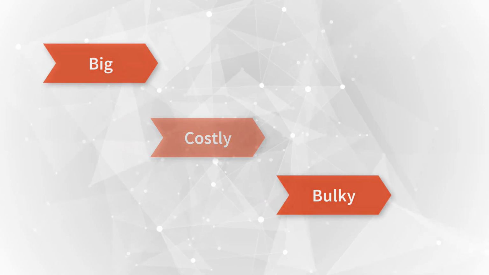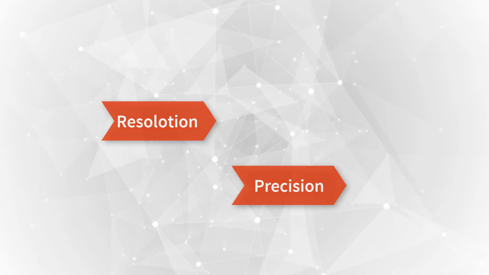So, with more bits, the analog to digital converter becomes big, costly, and bulky. And with fewer bits, we have lesser resolution and precision, and this is its major drawback.